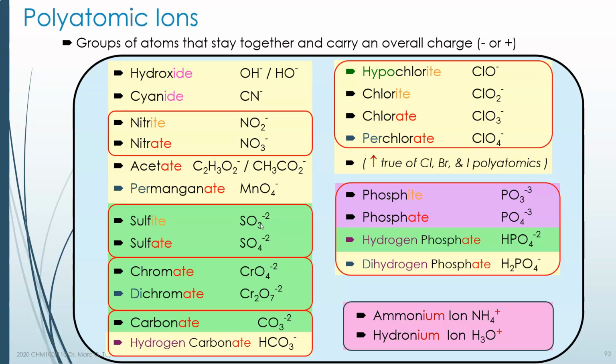NH3 is a neutral compound, but if you add an H+ ion to it, just like we did before, it adds not only the H, but it adds a positive charge, making ammonium ion. And you can tell the positively charged ones, they end in -ium, I-U-M, whereas all the polyatomics end in -ite or -ate, with 2 exceptions, hydroxide and cyanide.